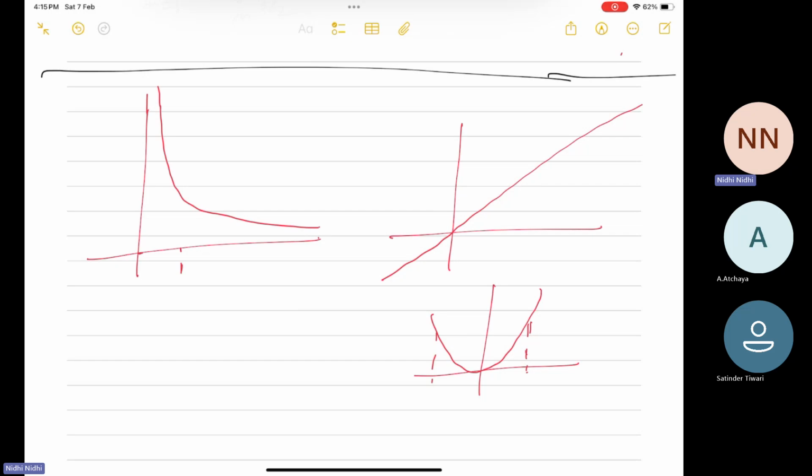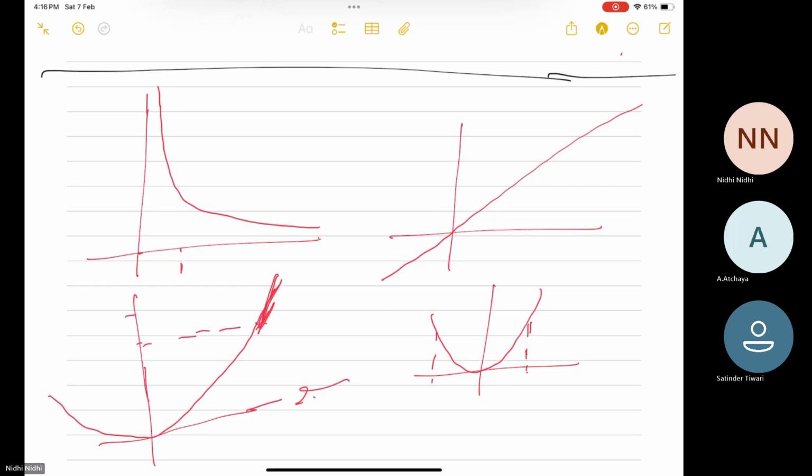So the main thing is the blow up. Similarly, if we take this x square in whole space R, once we reach infinity, the difference in the values is very large as compared to the difference in the domain values.